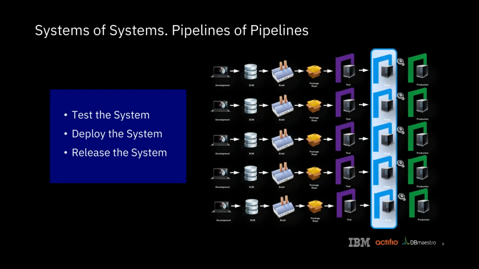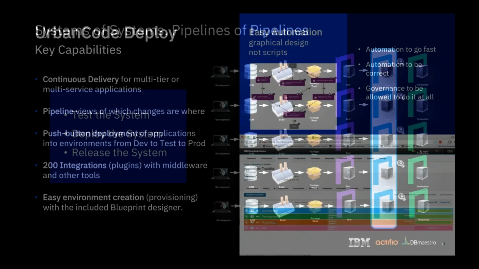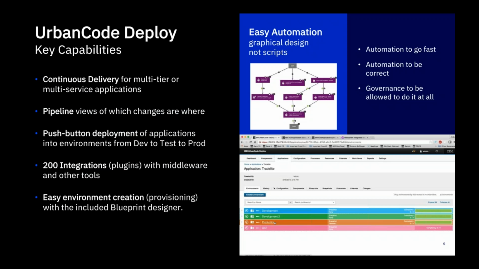And this is where tools like UrbanCode Deploy, which I look after, are really important, because its goal is to help you with continuous delivery for multi-tier applications, more complex applications. And we're seeing a ton of interest cropping up in the microservice space, which makes a lot of sense.